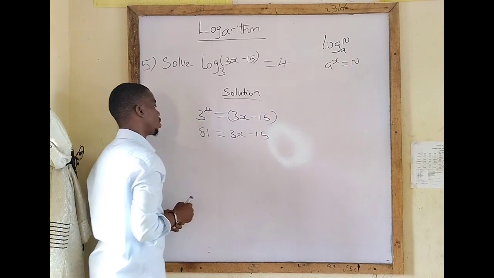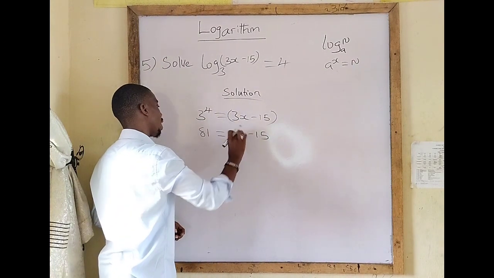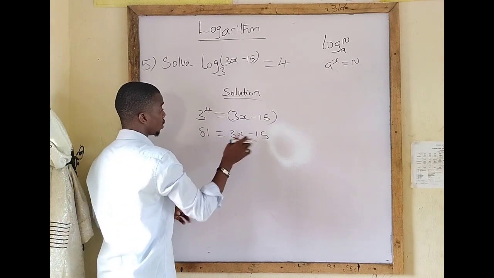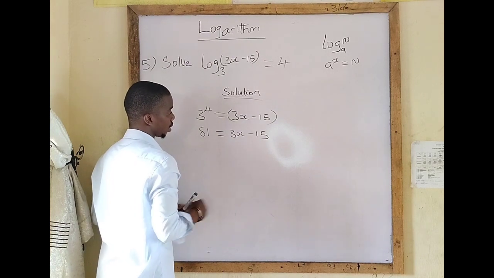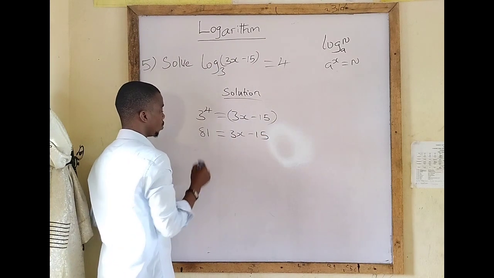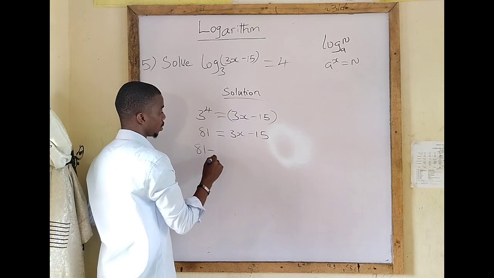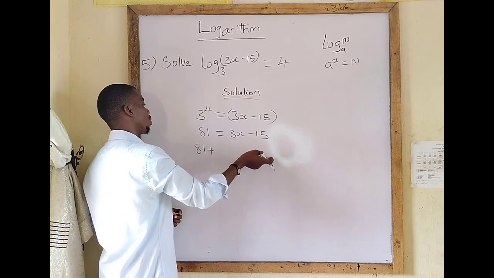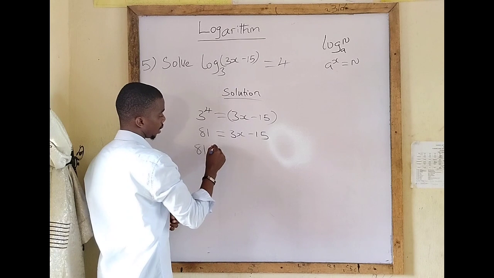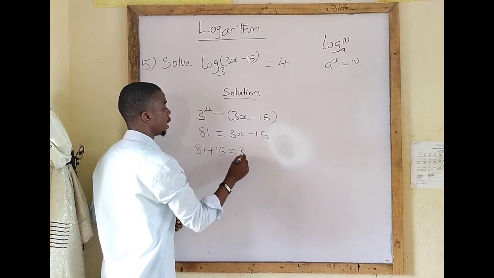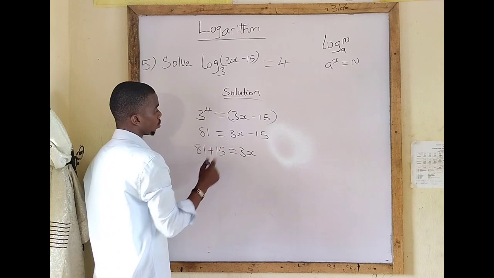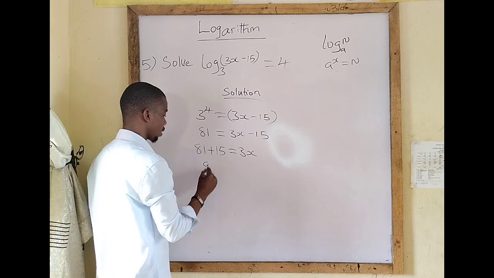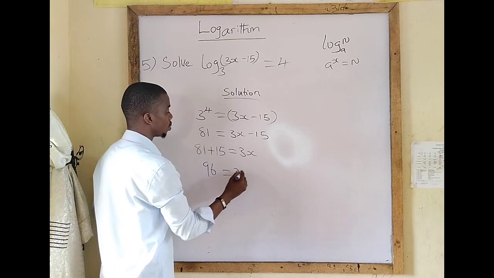Okay, so we collect like terms here because we want to determine the value of x. So we try to isolate x from every other thing. The minus 15 will change to plus because it crosses the equality sign. So we have 81 plus 15 equal to 3x. That 81 plus 15 is 96, equal to 3x.